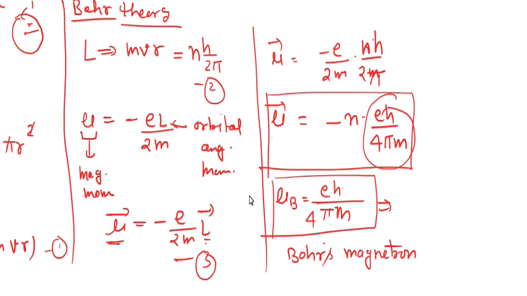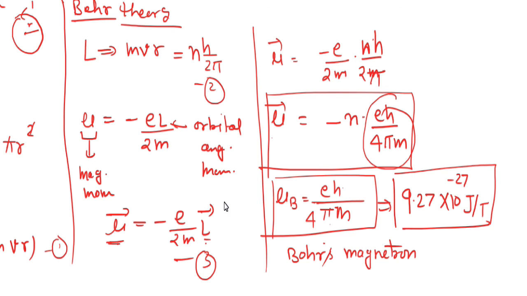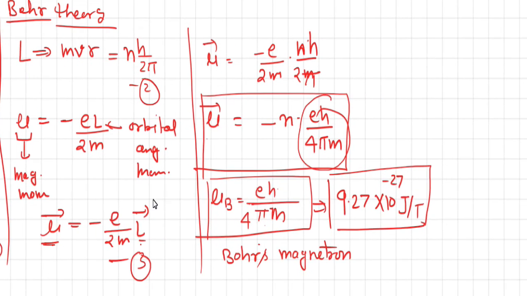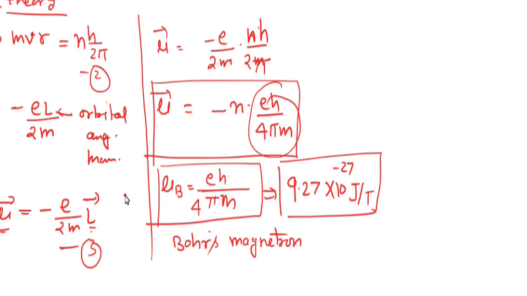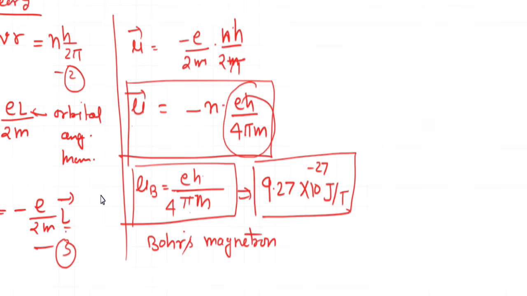So you will get the value of Bohr's magneton equal to 9.27 into 10 power minus 27 joule per tesla. So this is the value of the Bohr's magneton in SI unit. And in notation, you can also note that the value of Bohr's magneton is equal to eh upon 4 pi m.